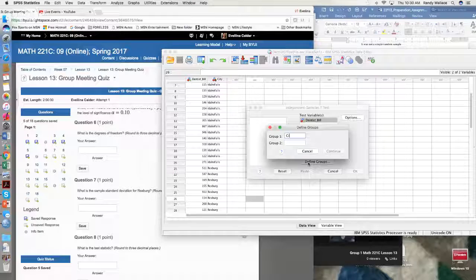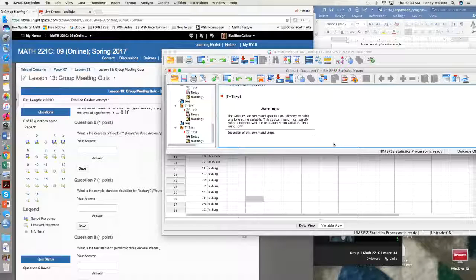No idea. A numeric variable or a short string variable? Well, I tried a numeric variable, right?